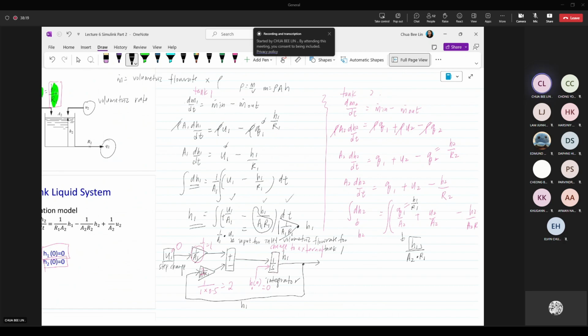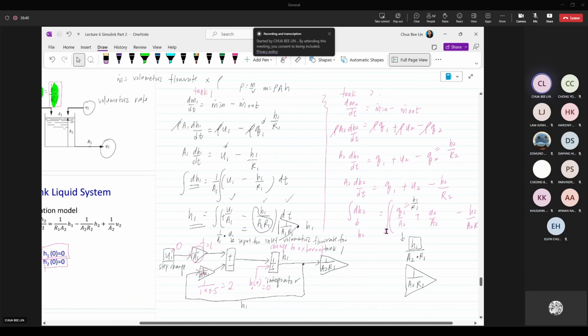So H1 is here, right? Meaning that 1 over A2 R1 is your gain, because it's multiplied with your H1. So you must be having the gain block over here to have 1 over A2 R1 multiplied with the H1.